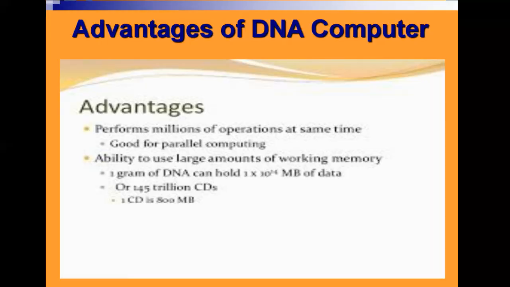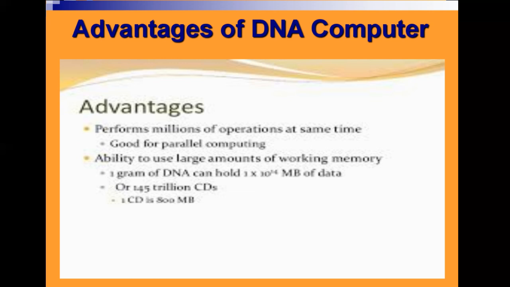So what are all the advantages of the DNA computer? As I already said, a DNA computer performs millions of operations at the same time. That is because of the property of parallel computing or parallel processing. It is good for parallel computing.